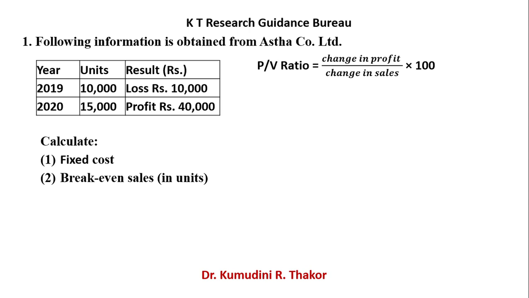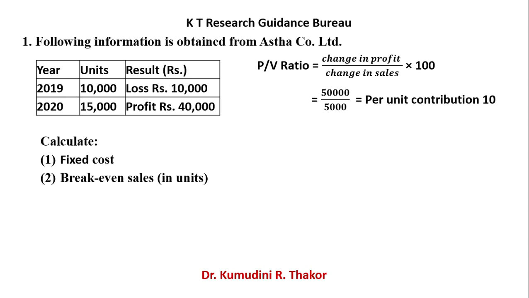So actually change in profit is not 40,000 rupees, it is 50,000 rupees because last year there was a loss and that loss the company recovered. So change in profit will come 50,000 rupees and change in sales is easy to find out. 15,000 minus 10,000 is equal to 5,000. So 50,000 by 5,000 is equal to 10. That is your per unit contribution.